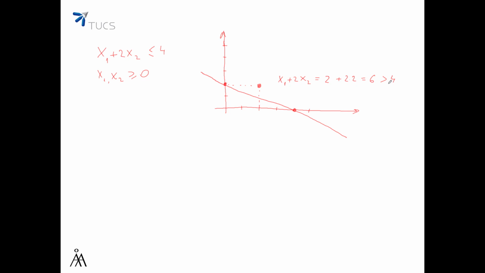Just to make sure, we can calculate the expression also at some point below the line, for example the origin, and indeed 0 plus 2 times 0 is of course 0, which is smaller than 4. Since we also have the additional constraints that x1 and x2 have to be greater than or equal to 0, the area where we are going to look for solutions is really going to be this one just here.